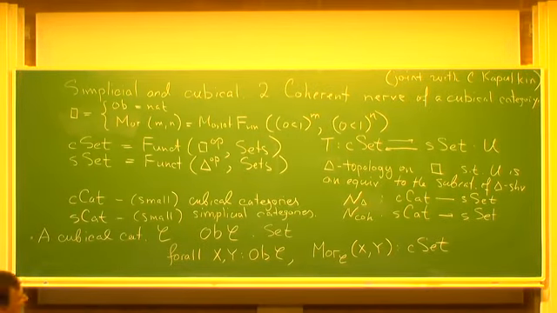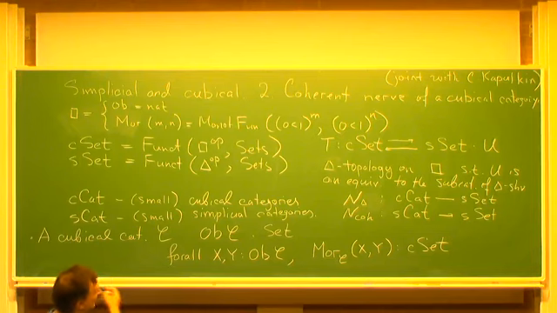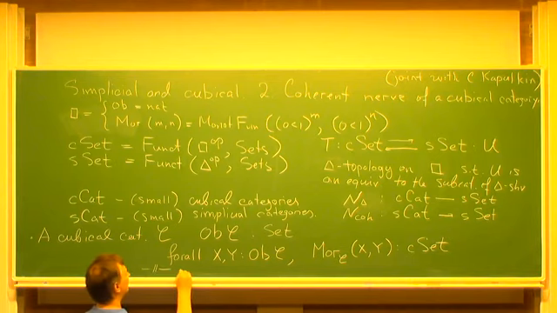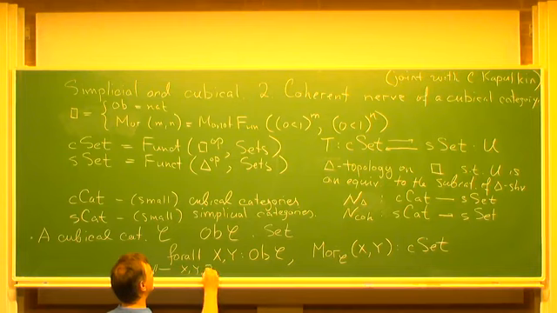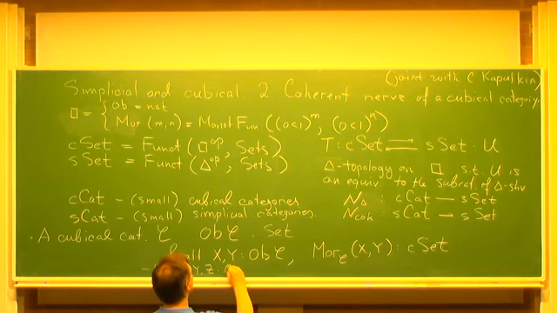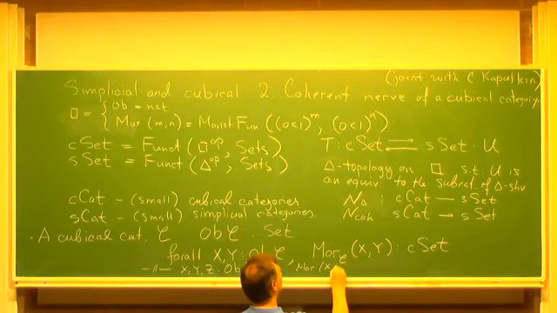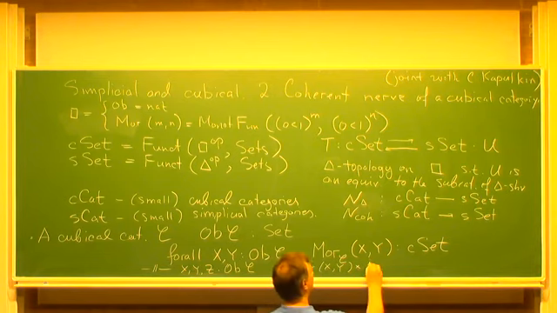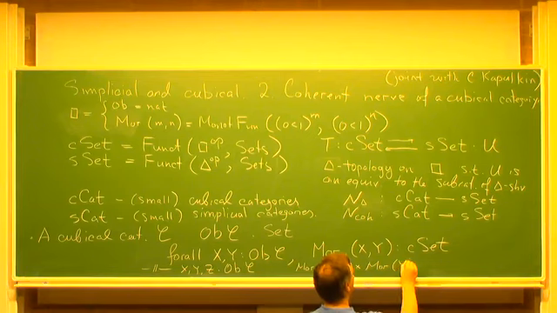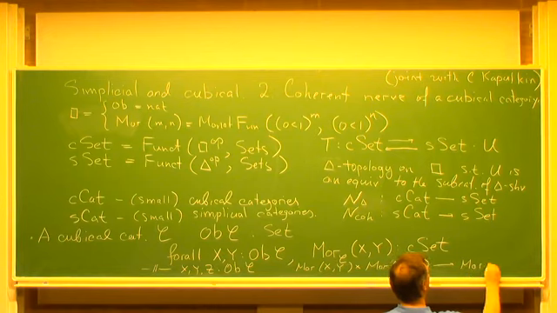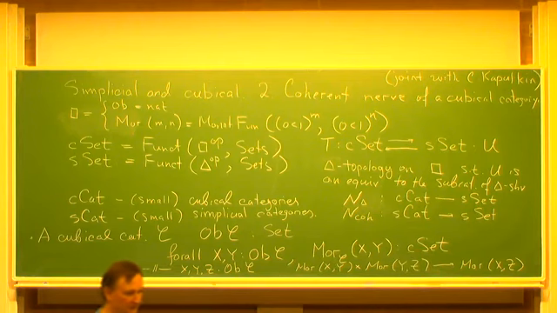And our composition is given, for x, y, z in Ob of C, by a composition which uses the product structure on the category of cubical sets.